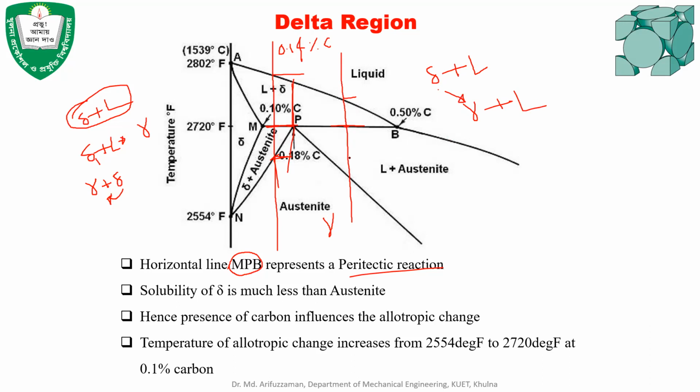Once the temperature drops below the peritectic temperature line, the liquid will convert into austenite directly. That means the percentage of austenite will start to increase, and below this temperature, you will find 100% austenite. That's how this delta region actually works. Okay.